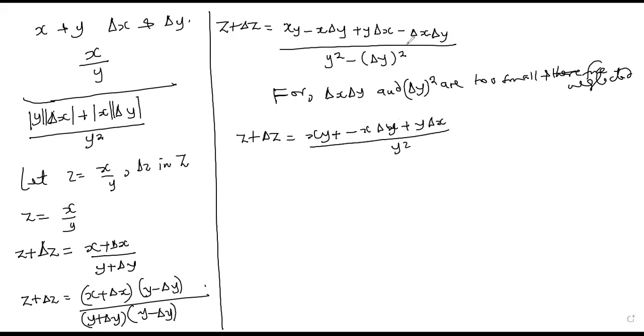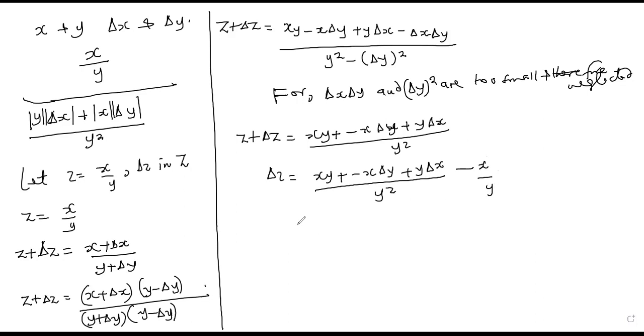We've neglected those because they are very small. So our delta Z alone would equal XY minus X delta Y plus Y delta X over Y squared, minus Z, but Z is X over Y, so minus X over Y.